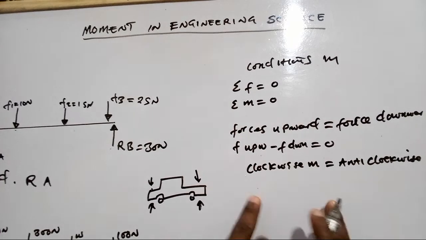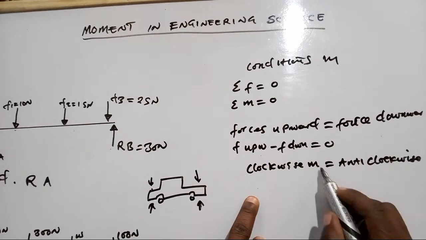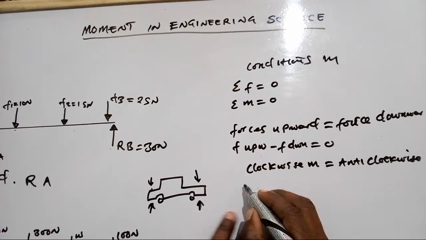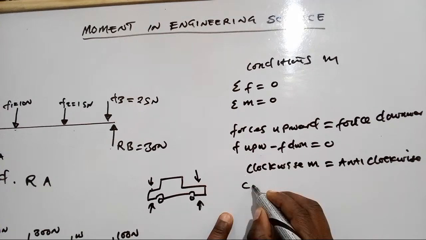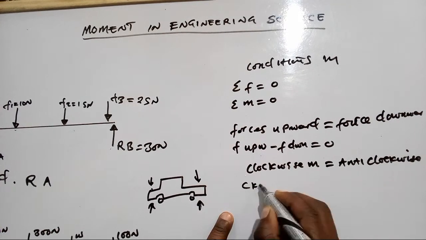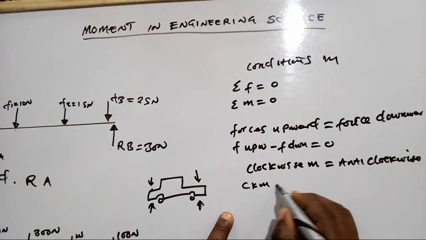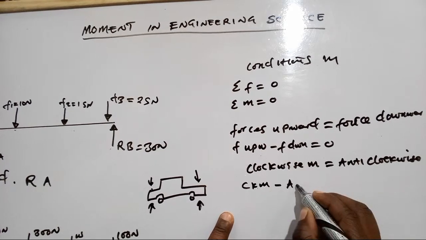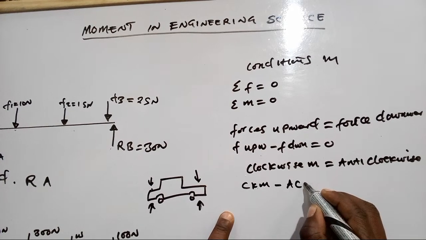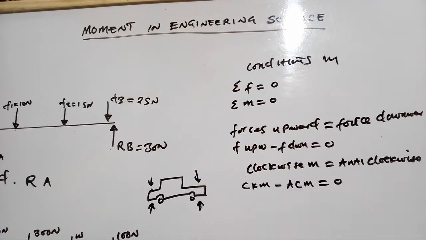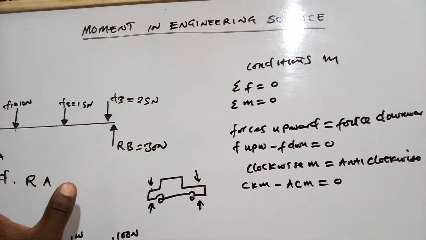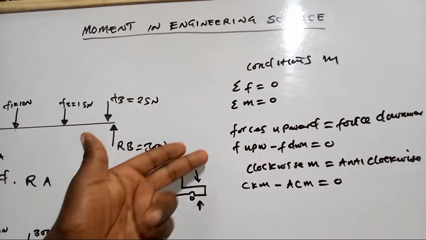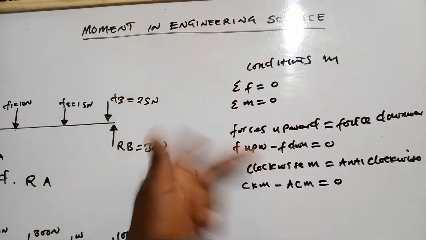So when the anti-clockwise moment crosses the equal sign, it is going to be minus. So we have clockwise moment minus anti-clockwise moment should be equal to 0. And for you to solve this kind of question, you must know the conditions of moment.